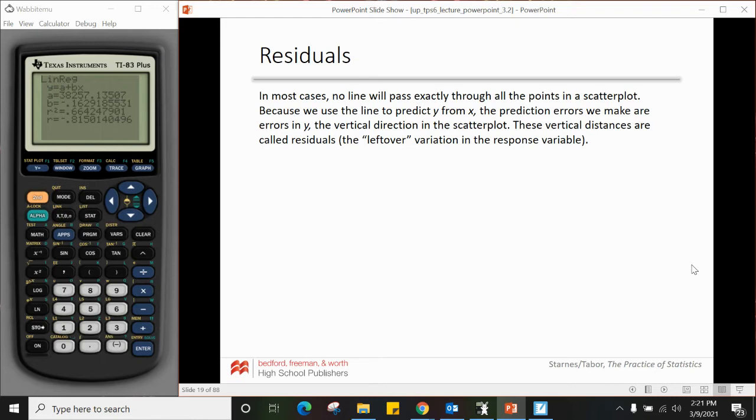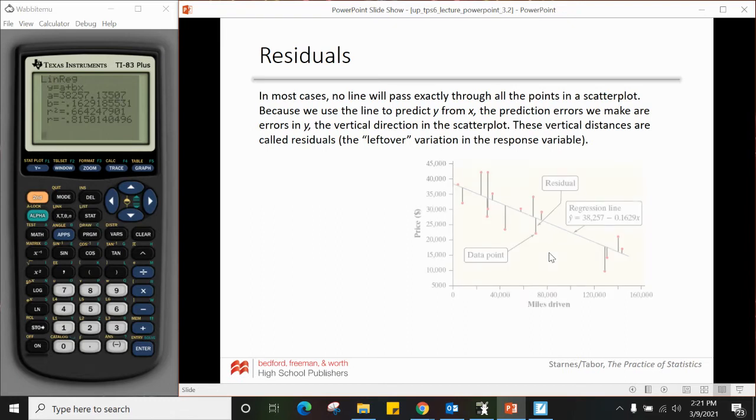All right, residuals. In most cases, the line will not pass exactly through all the points in a scatter plot. If we look at this line, we don't even hit most of those points. So a residual is the vertical distance from the point to the line, essentially.